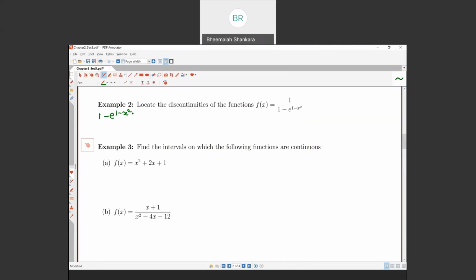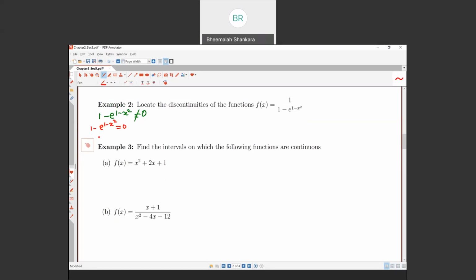Whenever I have a rational expression, I always say that the denominator is not 0. It cannot be 0. But just for the sake of convenience to solve this equation, we assume it to be 0 and solve, but towards the end we are going to put the not equal to sign.